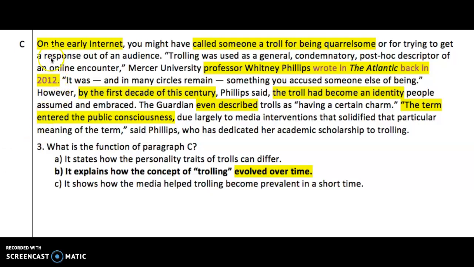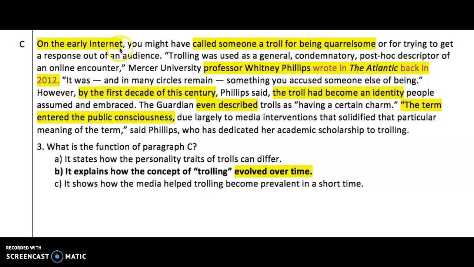Here, we start with a time phrase, the early internet, which means the first days of the internet. Then we have the date 2012. Then we have the first decade of this century, which are all about time. And after each of these time phrases, we have a different definition of troll.